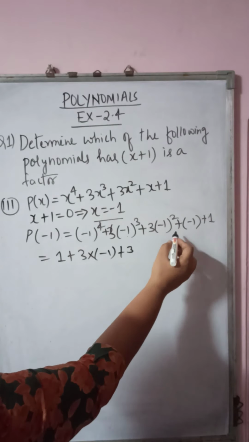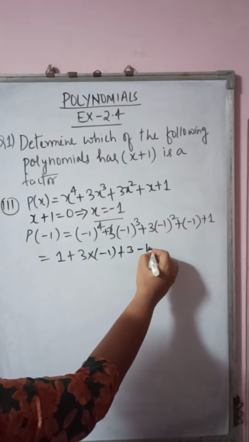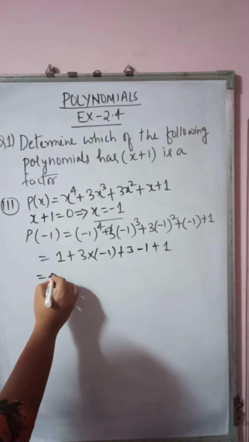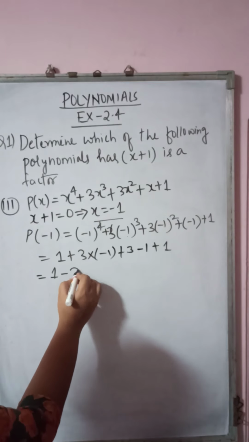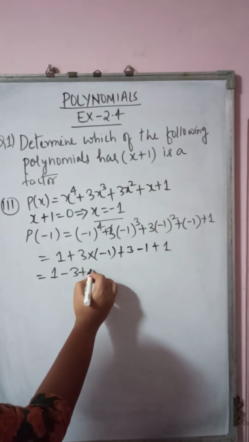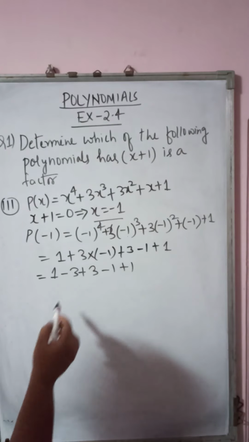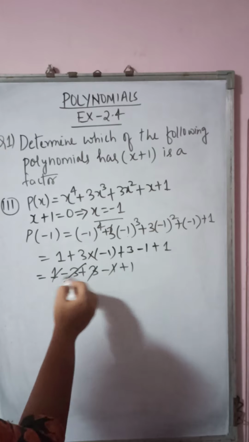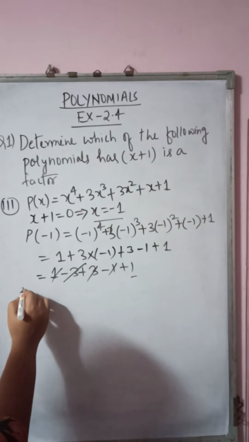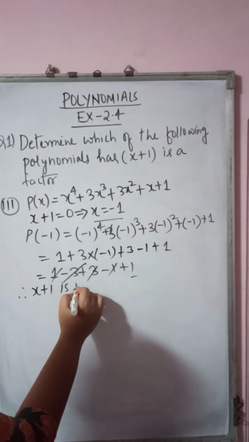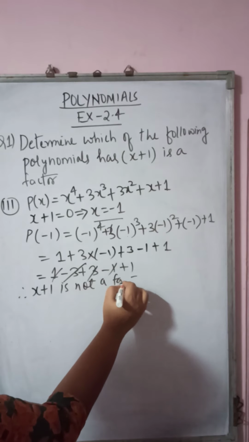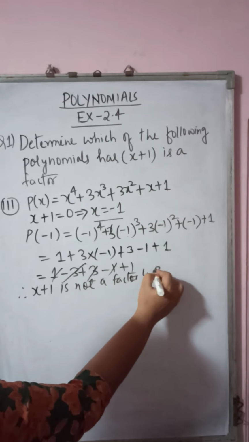Now here plus 3 plus minus 1 plus 1. So we will just check: 1 minus 3 plus 3 minus 1 plus 1. So this 1 is remaining. So again you can say that x plus 1 is not a factor of p(x).